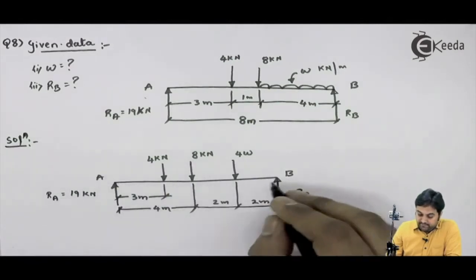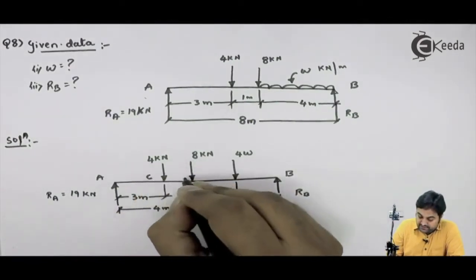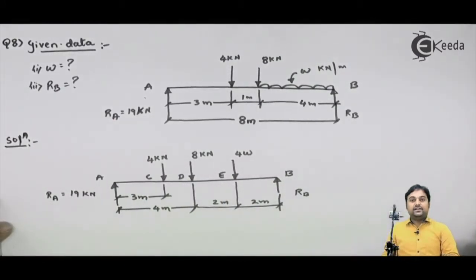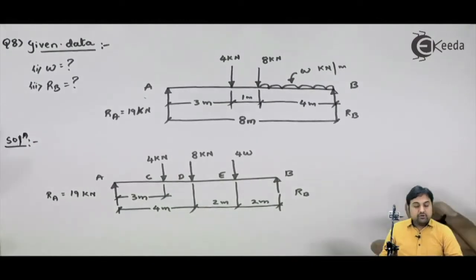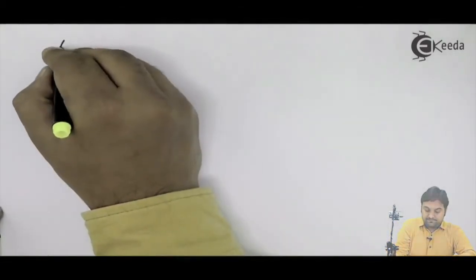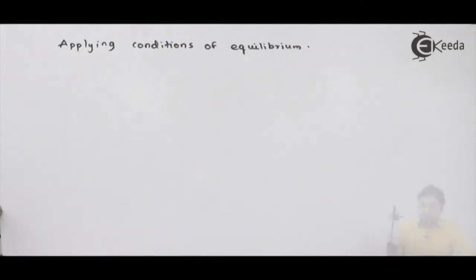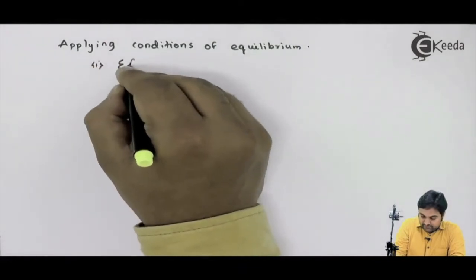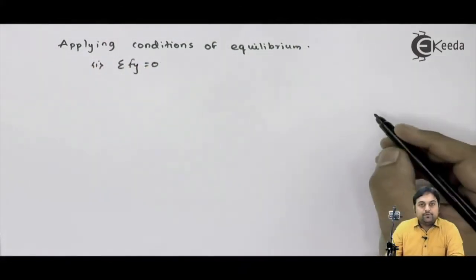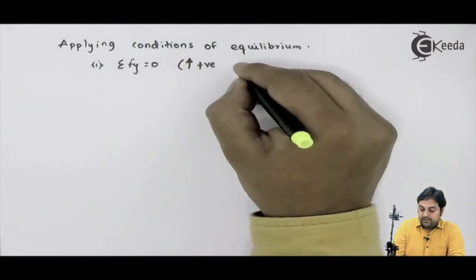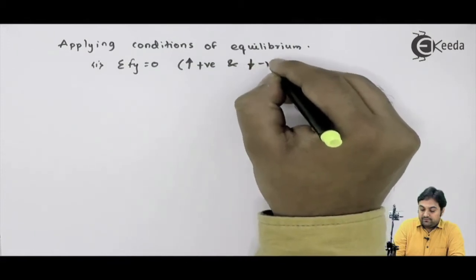Now I have converted this UDL into a point load, and this is the diagram which we have. Here I have marked A and B for the end supports. Here I'll call it as C, D and E. With this much data given, let us try to solve this. We would be solving it in a similar manner, that is by using the conditions of equilibrium. So applying the first condition, that is summation of Fy is equal to 0, where I will be taking all upward forces positive and all downward forces negative.